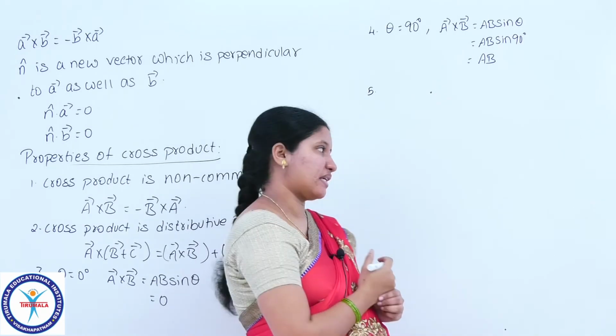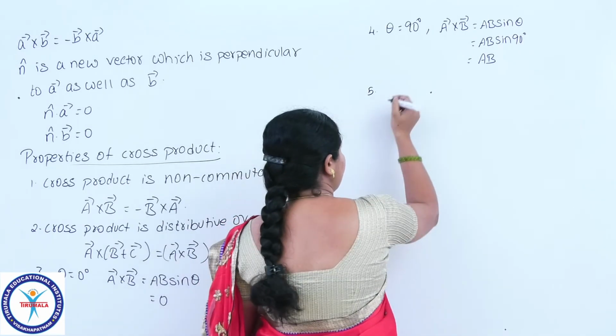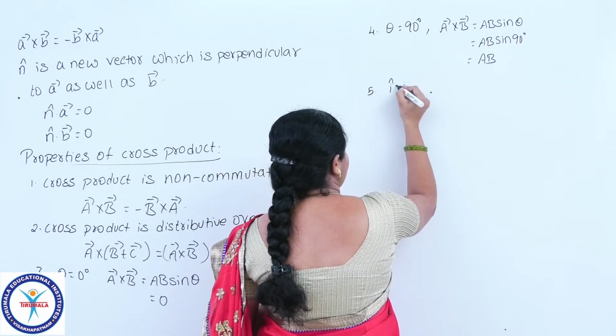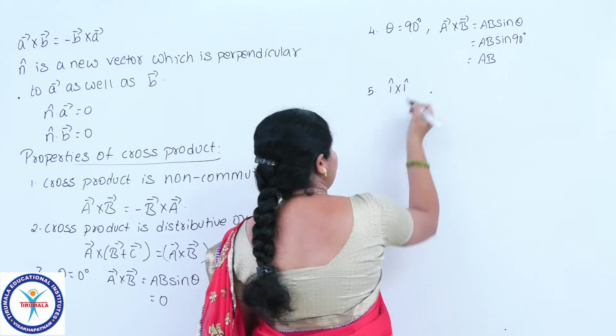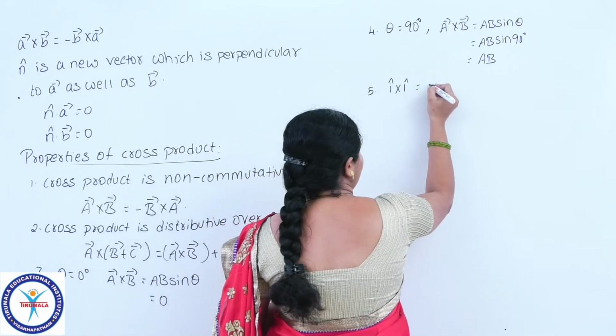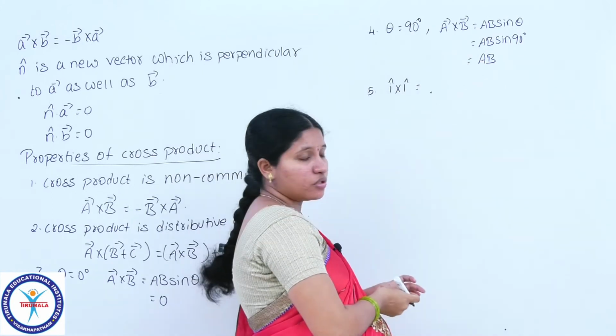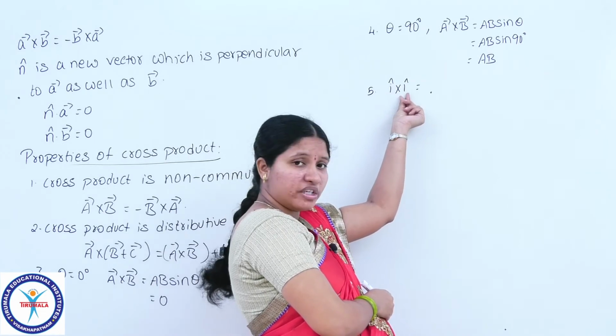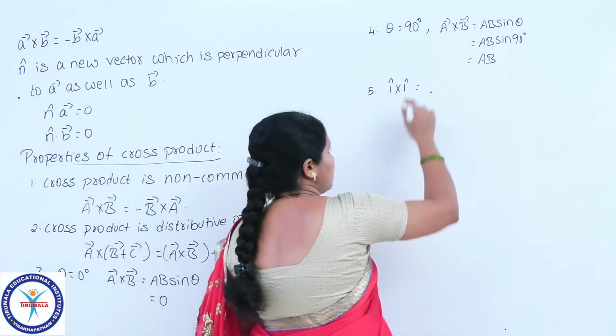Now let us consider unit vectors, that is i cap, j cap and k cap along x, y and z axis. If we consider i cap cross i cap, the magnitude will be equal to AB sin theta. The magnitude of i cap is 1 and the magnitude of the other unit vector i is also 1.